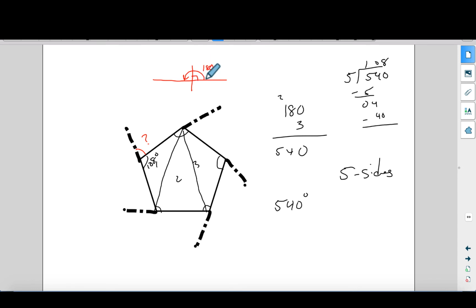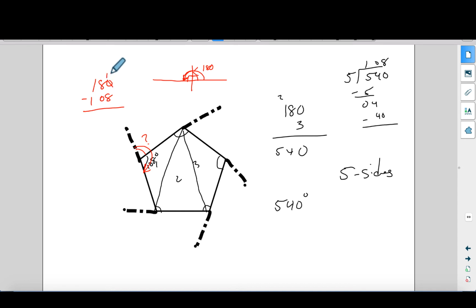Why? Because halfway is 90, and then all the way to this side is also 90. 90 plus 90 is 180. So if this whole angle is 180, we can say 180 minus 108 can give us our angle.